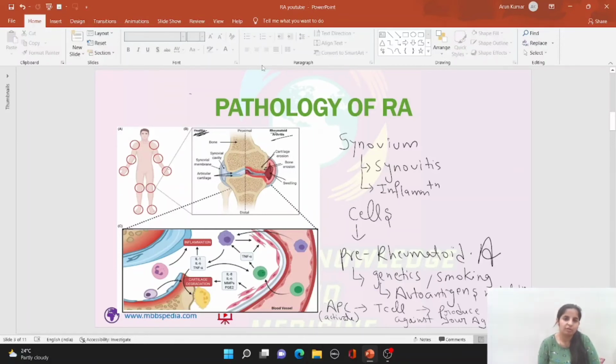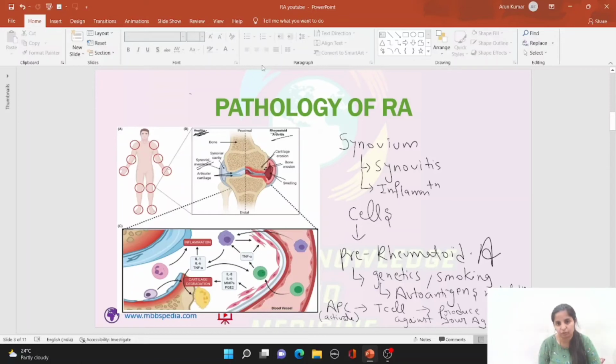So why does all this take place? Basically, the synovial membrane is known as synovium, and due to the inflammation of synovium, there will be synovitis.